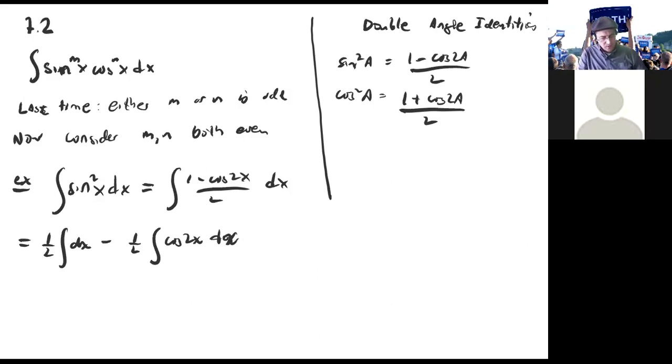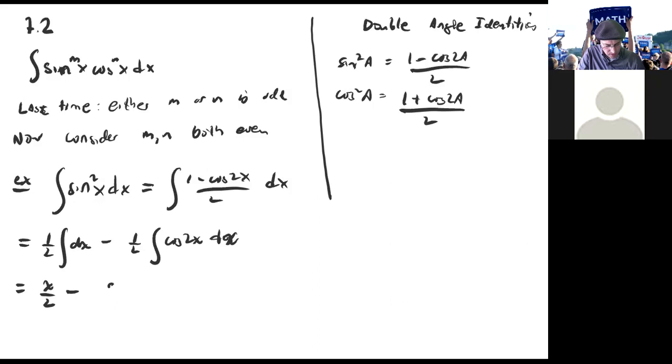Okay, now the first integration is going to give me an x over 2. And the second one, you could either do it by substitution or you can guess at the answer. The idea is the antiderivative of cosine of 2x should be something involving sine 2x multiplied by a fudge factor. So we just have to figure out what the fudge factor is.